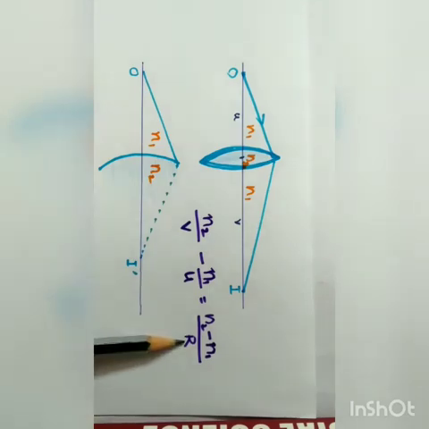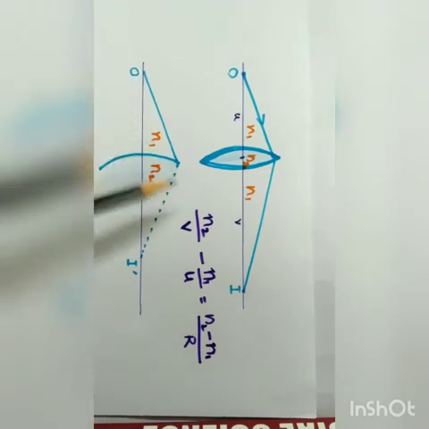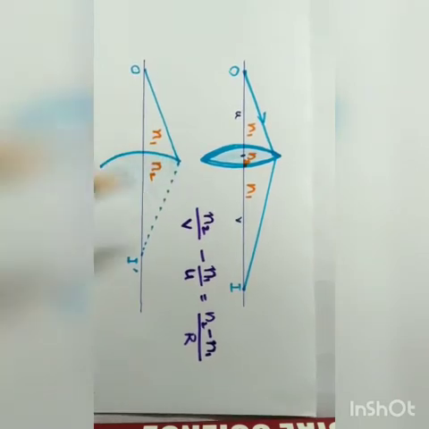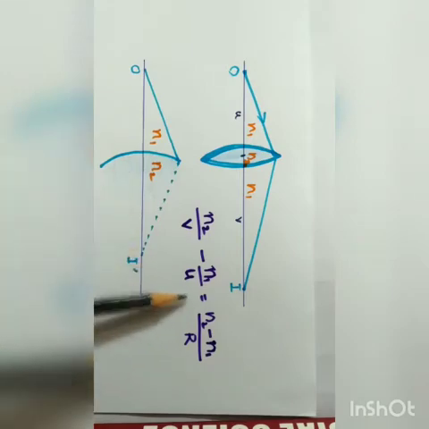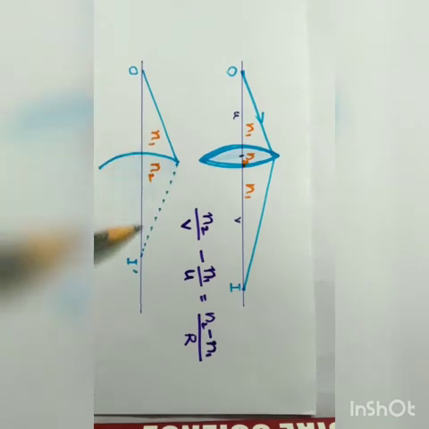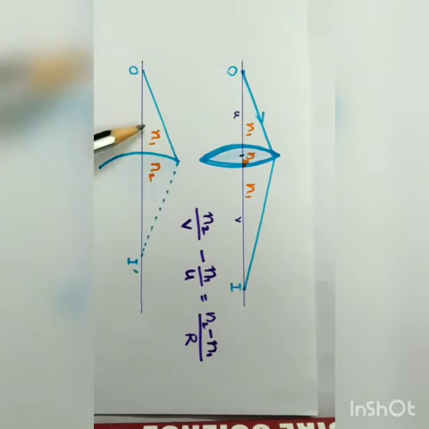We apply it when an object is placed in front of a curved surface separating two media of different refractive index. This is the object distance u, this is the image distance v, n1 and n2 are the refractive indices of the two media respectively, and r is the radius of curvature.